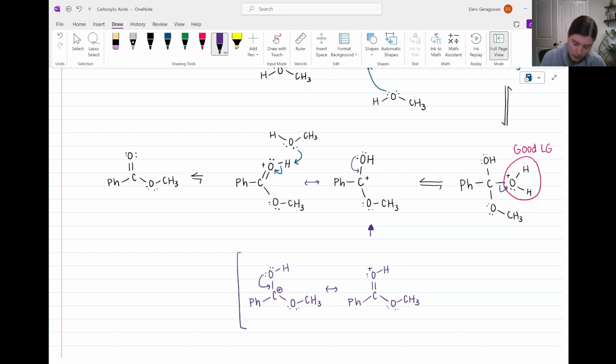So now we have all closed shell atoms. The positive charge is owned by the oxygen, but still an important and valid resonance structure.